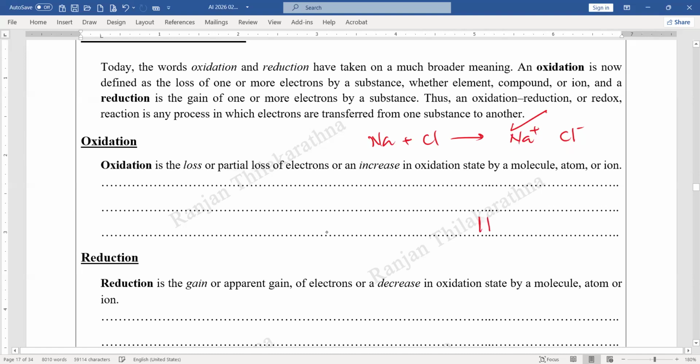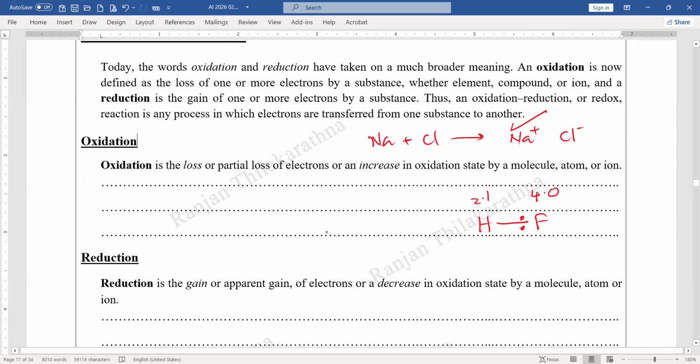And if hydrogen combines with fluorine, the electronegativity of hydrogen is 2.1 and the electronegativity of fluorine is 4.0. Because of the high electronegativity of fluorine, the bond electrons will be attracted towards the fluorine side.